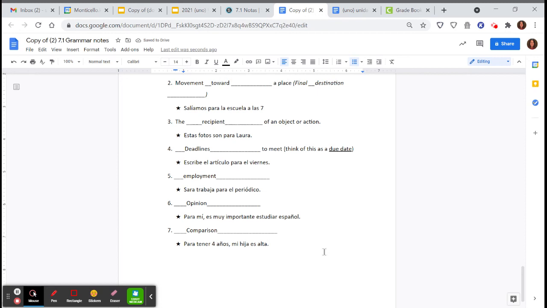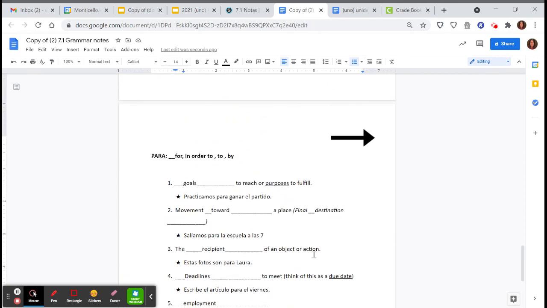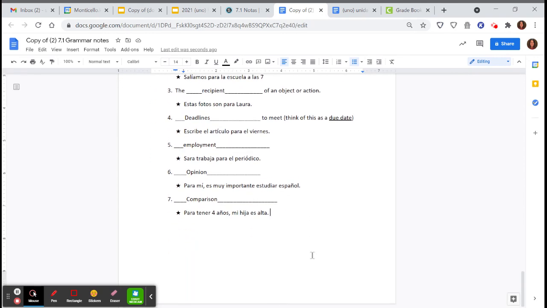So I'm comparing maybe her height to other heights of other kids, but that would be a comparison that we would use. So with para, remember this is a goal moving toward a location, or something is for somebody, like a gift or receiving something, or also stating your opinion or where you work, employment.